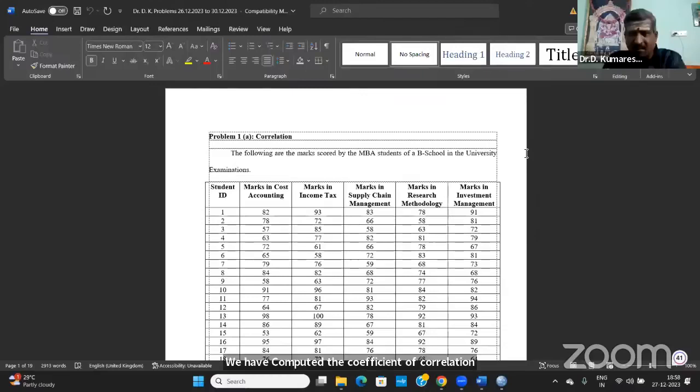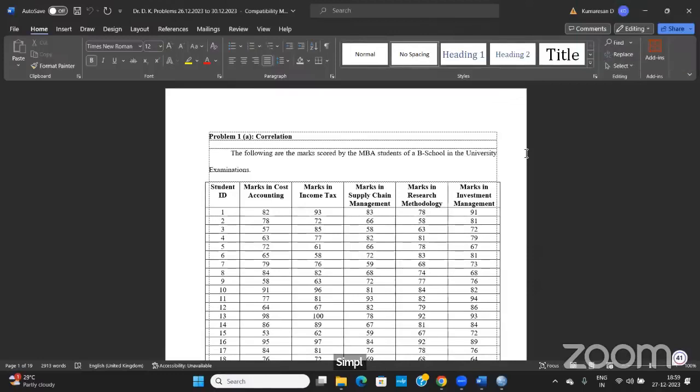It is the measure of extent of relationship or degree of relationship, that is, to what extent the variables are related. We have learned that there is positive correlation or negative correlation, simple correlation and multiple correlation.